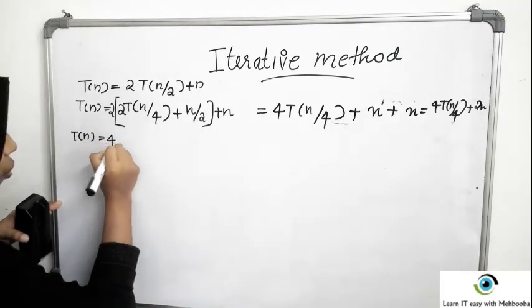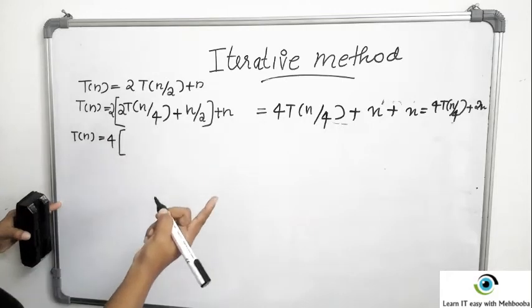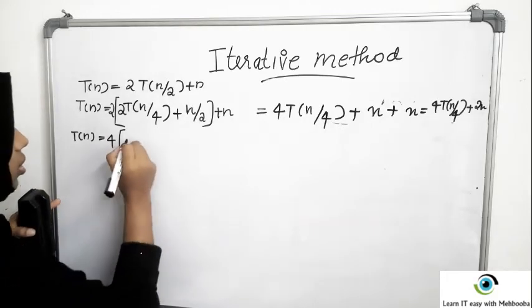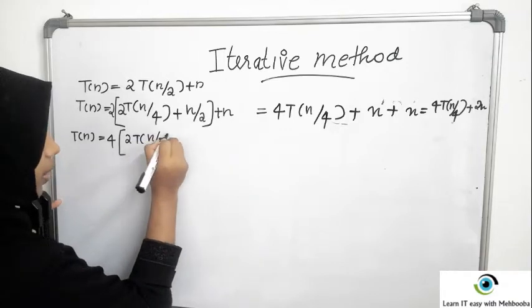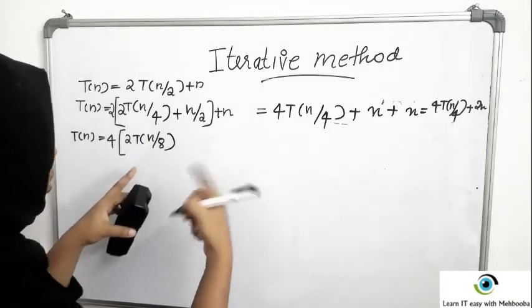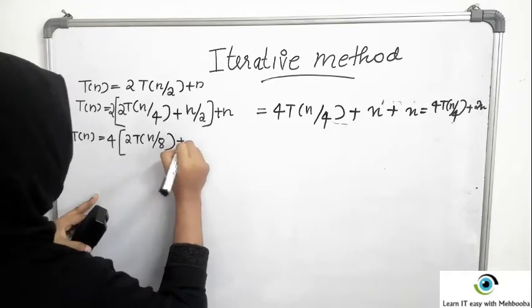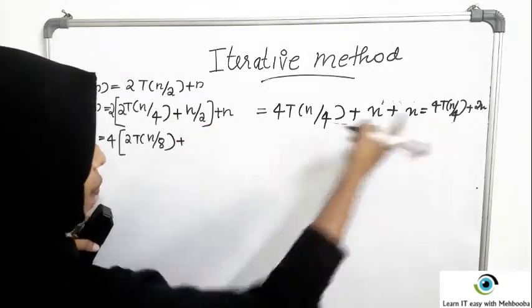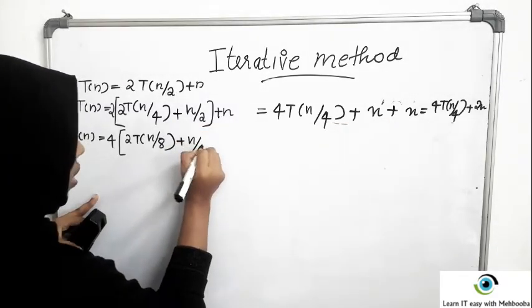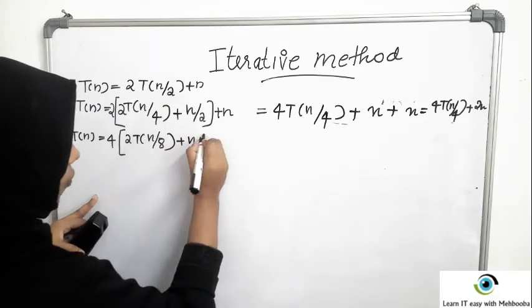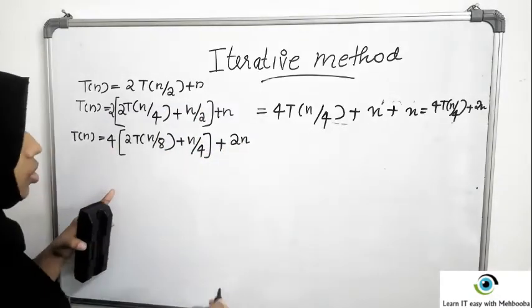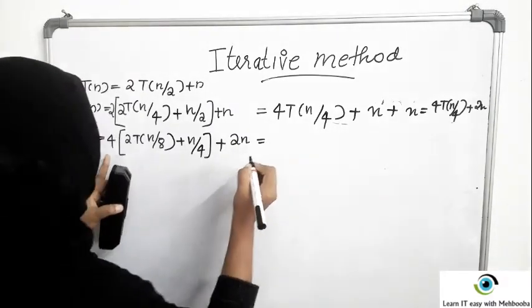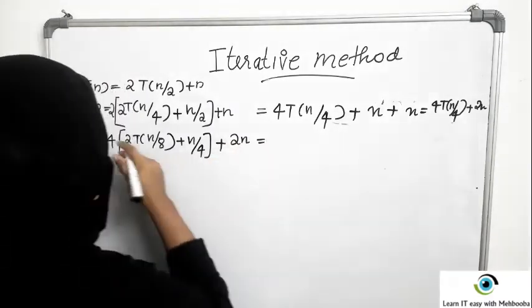So I am taking 4 outside, and T of n by 4 undoubtedly is 2T of n by 8. Yeah, 4 will be multiplied by 2 again. So 4T of n by 8 plus, it is n by 4. So instead of this n, it will be n by 4. Now the remaining 2n is copied as such. So when you expand this, you will get 4 into 2, 8.